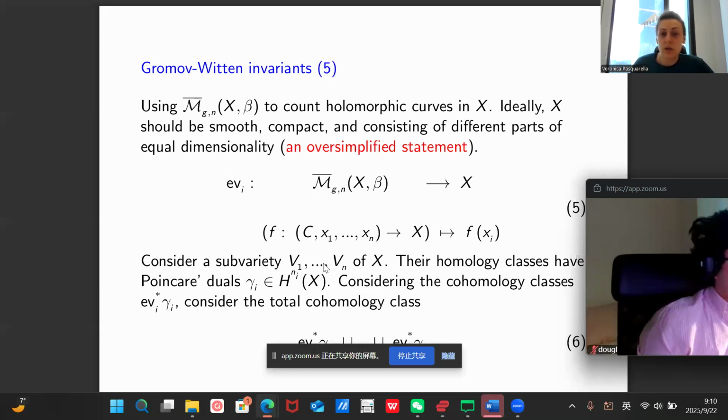So you take V1 to Vn inside X, and the homology class of each one of these varieties is going to have some Poincare dual that I call gamma i, which lies in the cohomology of X. Now, considering the pullback of the evaluation on gamma i, you take the total cohomology class to be the union of all the evaluations pulled back on each Poincare dual.